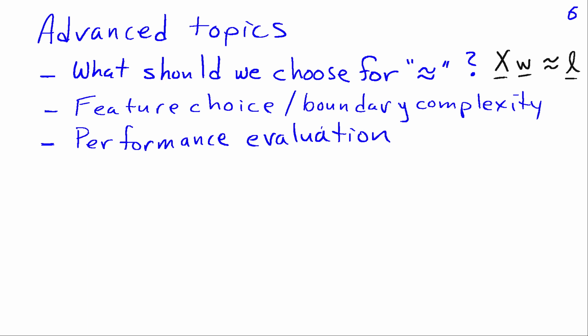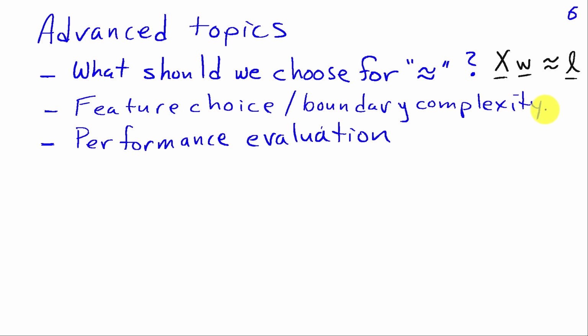There are several important questions and issues that we'll address later. One of those is, what do we mean by approximately equal to? So how do we measure the closeness between capital X times W and our set of known labels L? We also have seen that there are different ways to choose the features, and that can lead to different boundary complexities.